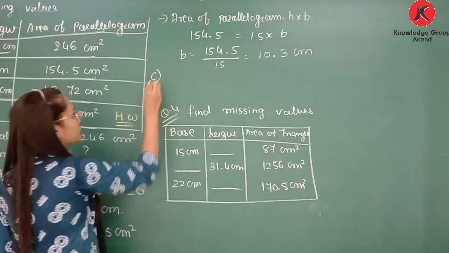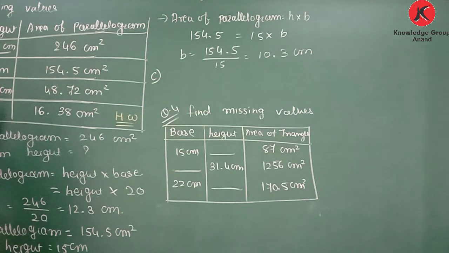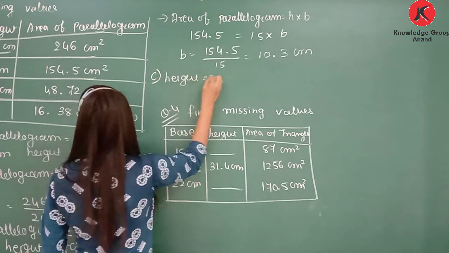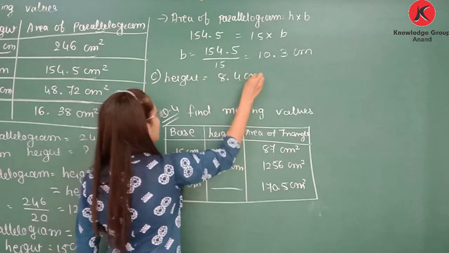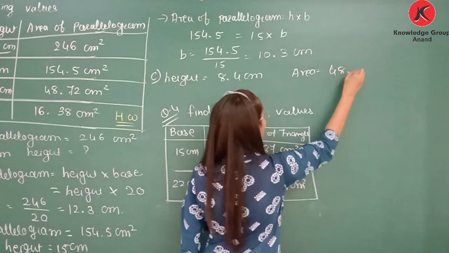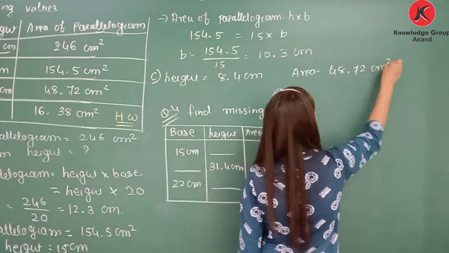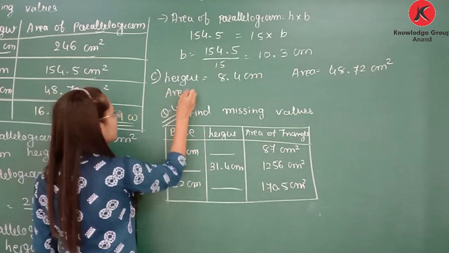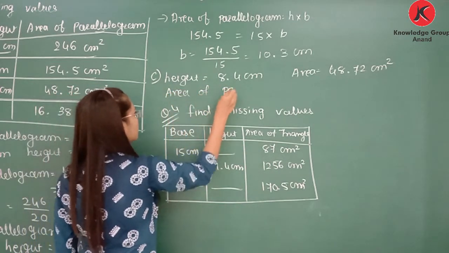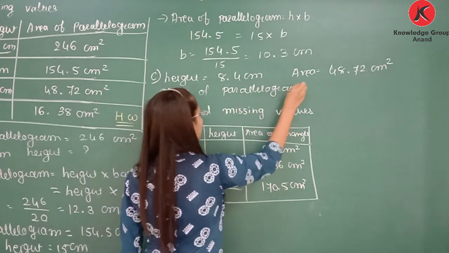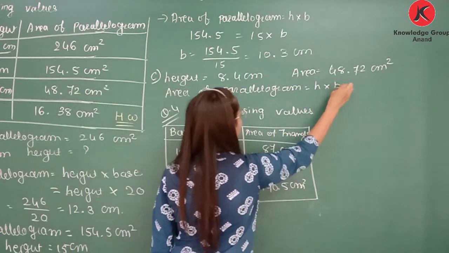Now for C, height is given 8.4 centimeters and area is given 48.72 centimeters square. Area of parallelogram is height into base.